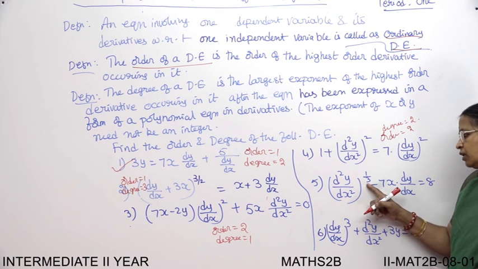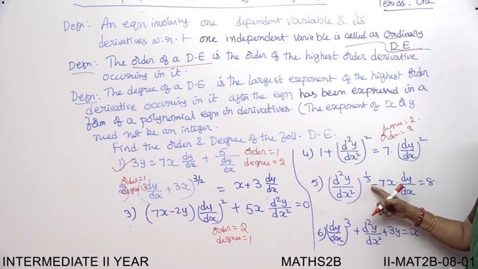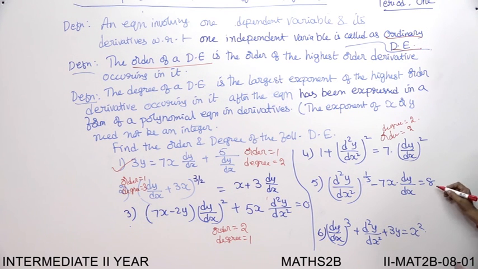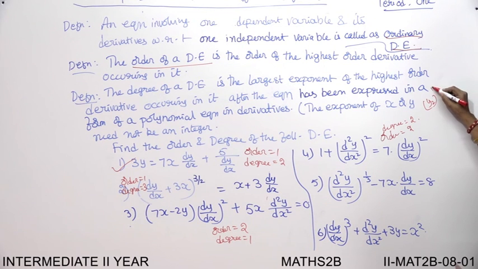Whereas here you have 1 by 3 as the exponent for the derivative. So what should you do? You should take this term to this side. So you will have the equation as y2 whole to the power 1 by 3 is equal to 8 plus 7x y1. Now, this power 3 should go to this side.